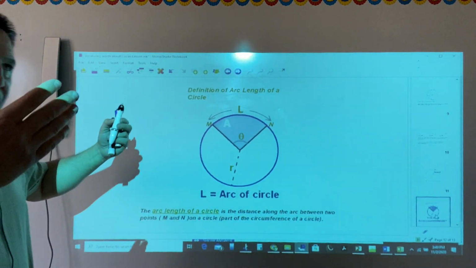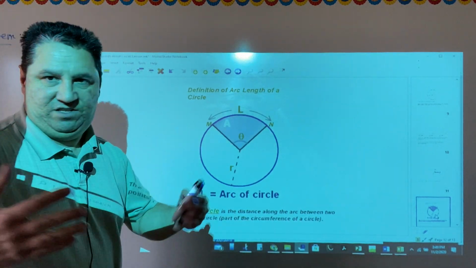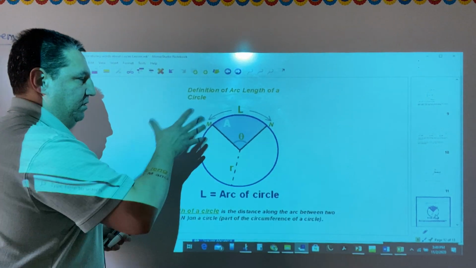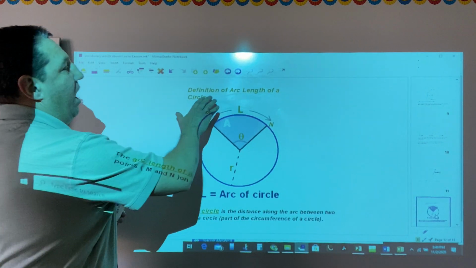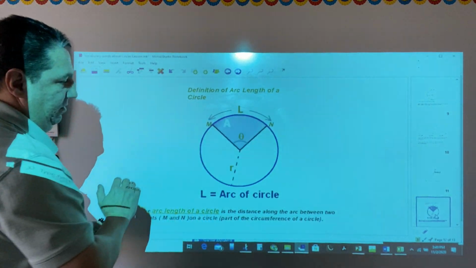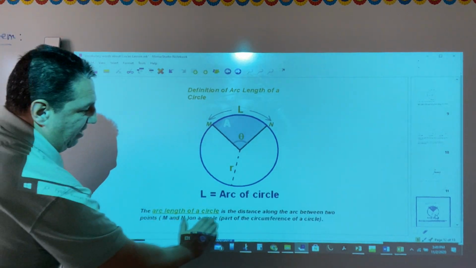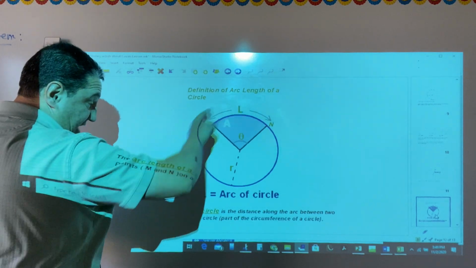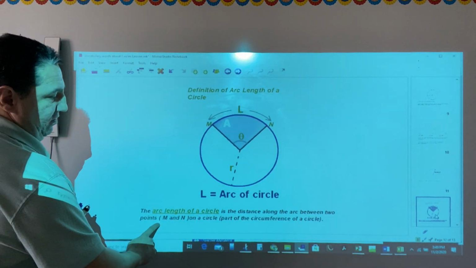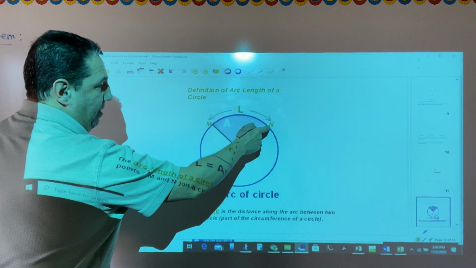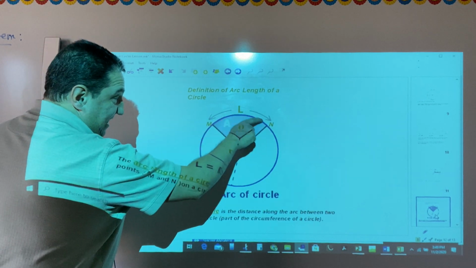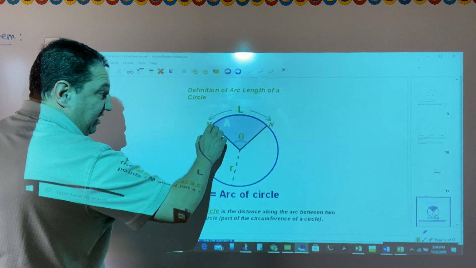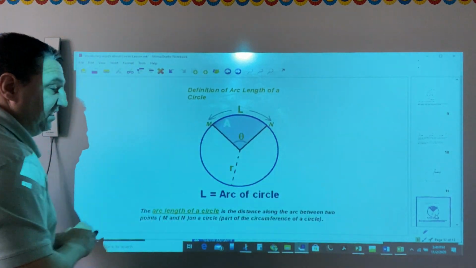Another part of a circle, as you see, there are a lot of parts in a circle, is arc length. The arc length of a circle is the distance along the arc between 2 points, for example, M and N. So this is arc length, a portion of the circumference.